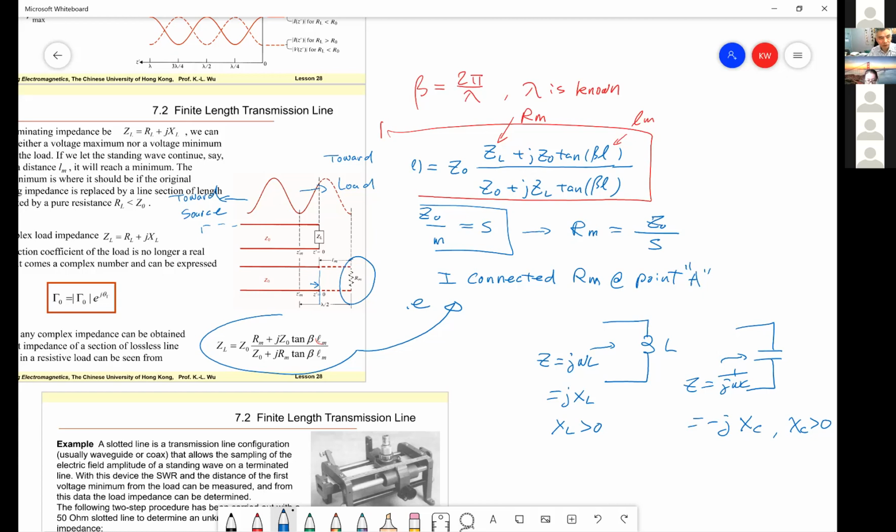But in real application, there's no meaning in moving the reference plane beyond the load. Beyond the load, there's no point. However, toward the source makes sense because we may need to find somewhere to add a matching circuit. I need to add a quarter wavelength transformer, right? Then that makes sense, right?